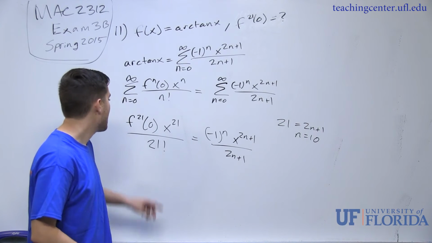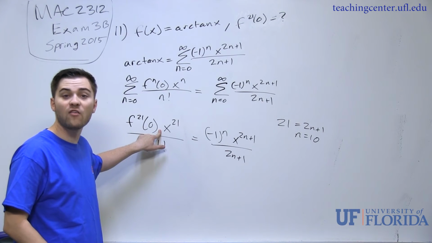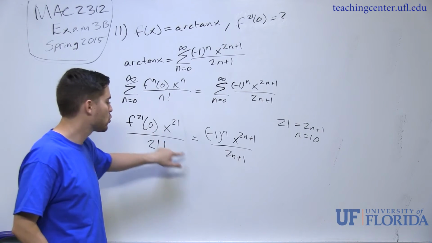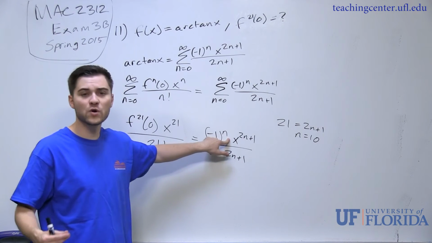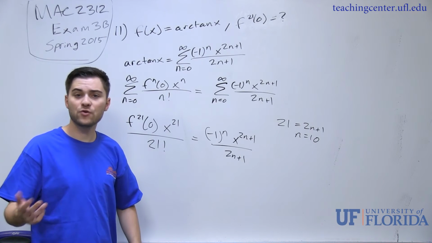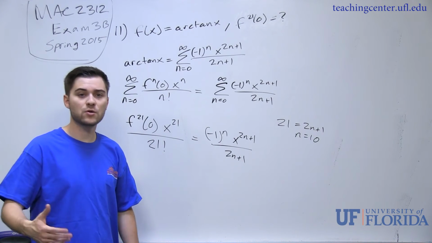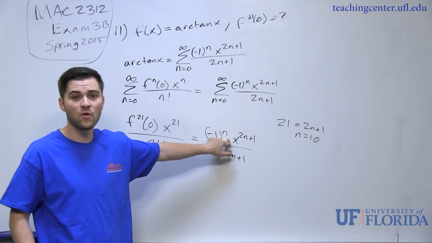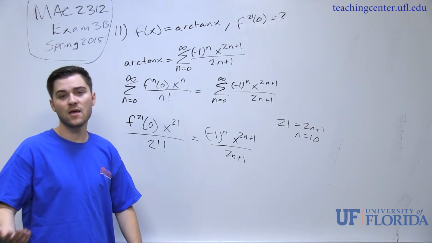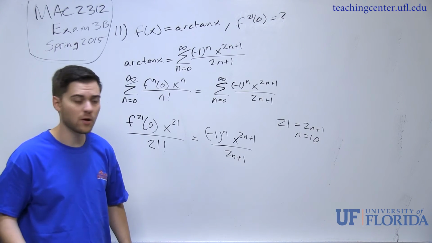That means the 21st derivative corresponds to the 10th term of the arctangent series. If you remember, sometimes when you're deriving these terms, you end up with terms that are 0. That's why the 21st derivative only corresponds to the 10th term here, because there's a bunch of terms in between that, when you evaluate them, come out to 0.